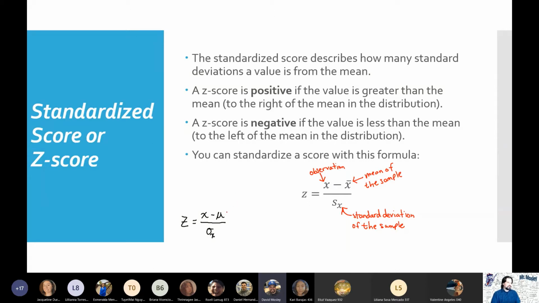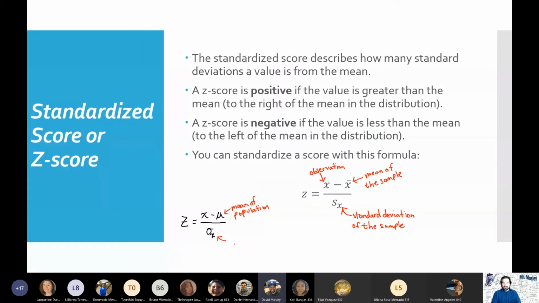With these, mu represents the mean of a population. That means I have sampled everyone in the entire population that I'm curious about. I did not leave anyone out. This would be the mean of the population.